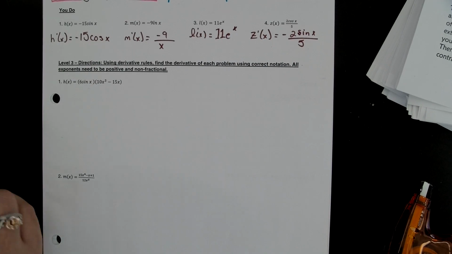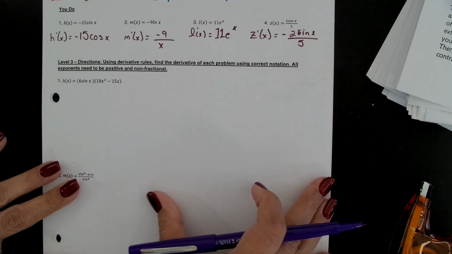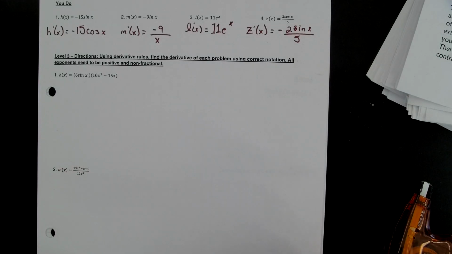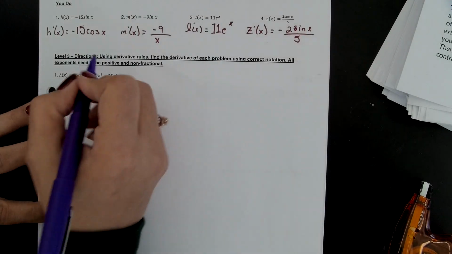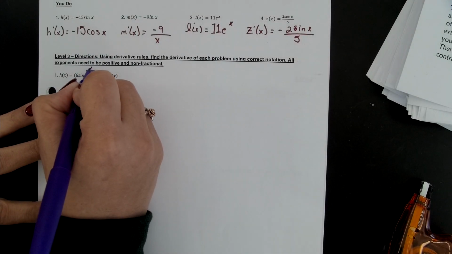Okay. Ready? Okay. Level 3, we're mixing the rules together. We're going to be mixing the trig rule, the exponential and log, product, and quotient. Remember, product rule is when two things are being multiplied, which means here is multiplication.